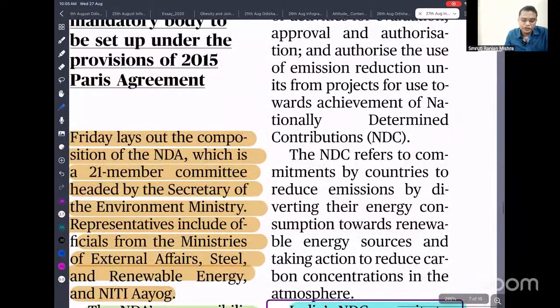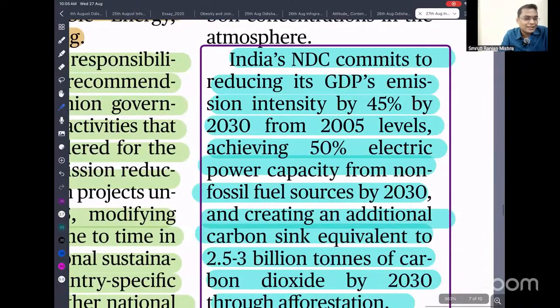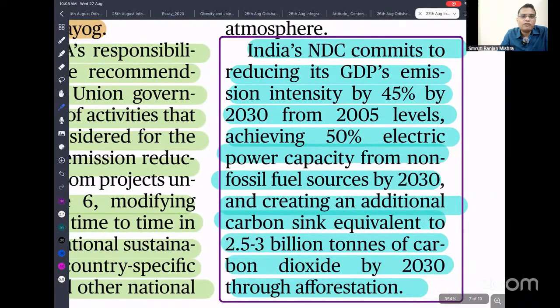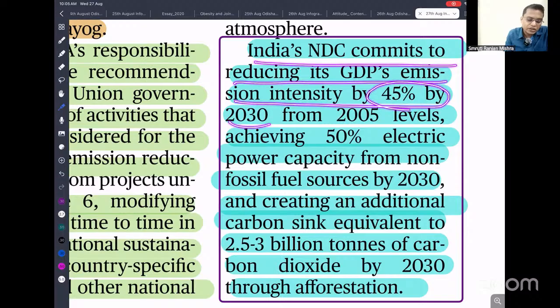So if you look at India's latest NDC, it is very important for anything about India's commitment and how India is going to achieve climate neutrality. So you can talk about India's NDC commitment to reduce 25% of the emission intensity of our GDP.